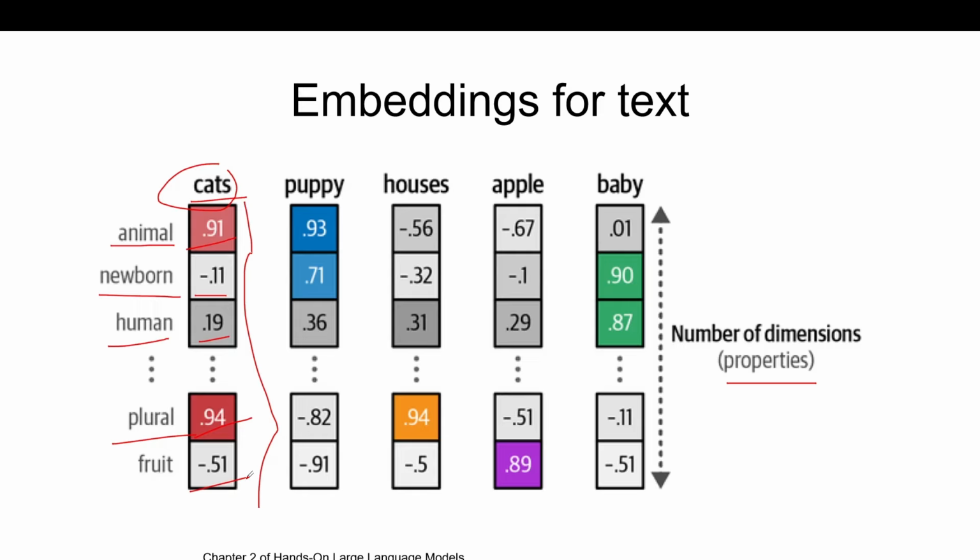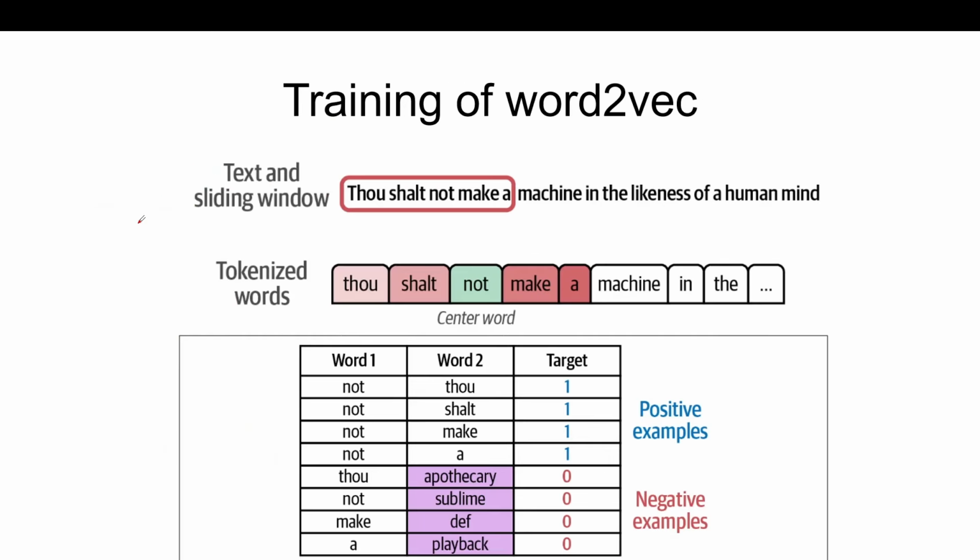Similarly, we can look at other words like puppy, houses, etc. For example, for puppies, we can see that it has a pretty high score in newborn because it's related to newborn dogs. So each dimension represents a specific meaning or property of a word, and all these dimensions together encode the semantic meaning of a word. That's the idea for word embeddings.